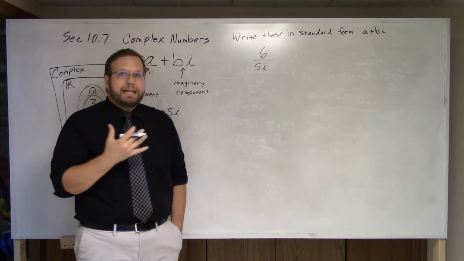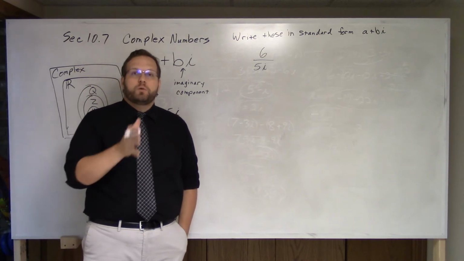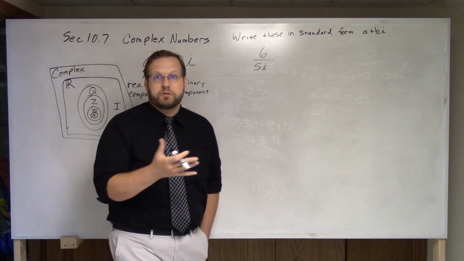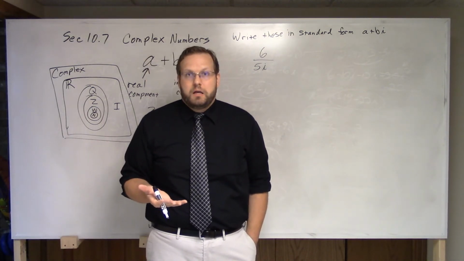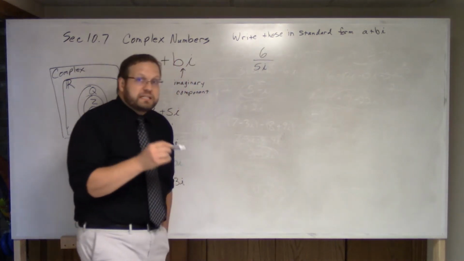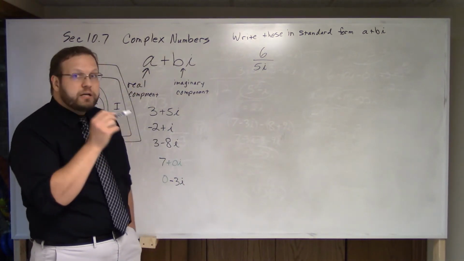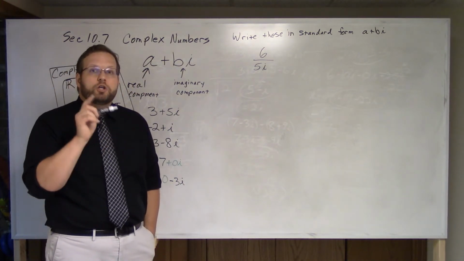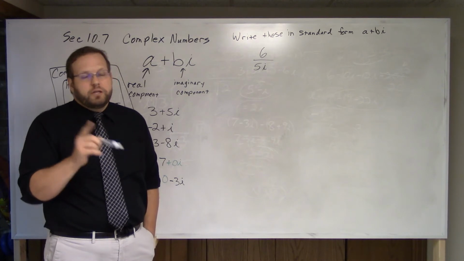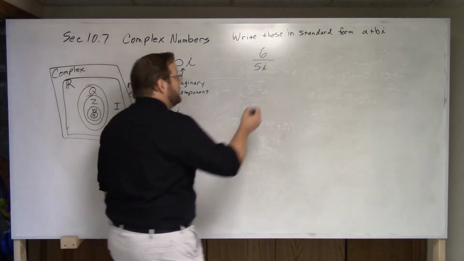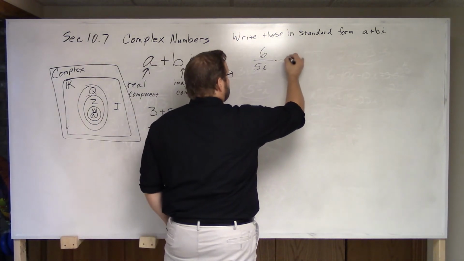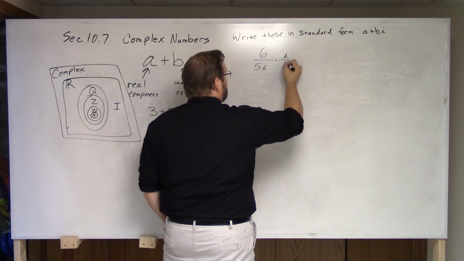Now, this is going to act the same way as when we were rationalizing denominators, because remember, i is a square root of negative 1. That's essentially what we're doing. Whenever you have just a single imaginary term in that denominator, you don't need to mess with the 5 or the coefficient, whatever number it is. It's just the i. So I am going to multiply top and bottom by i.